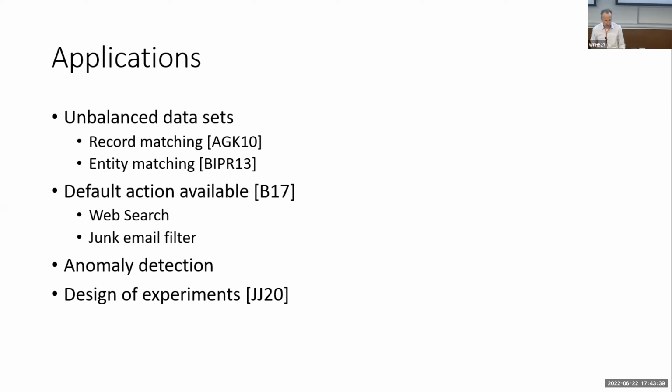Anomaly detection also falls within this category because you want to find outliers or anomalies with high confidence. And if you take extensions of these models where you run this repeatedly, this is also relevant to the design of scientific experiments, because in the next, say, lab experiment, you want to choose the one that gives you high confidence that you will learn something useful about the physical system that you're looking at.